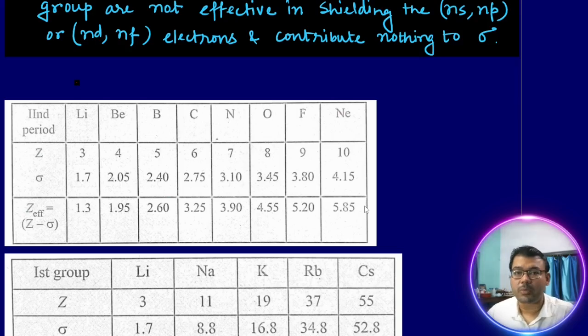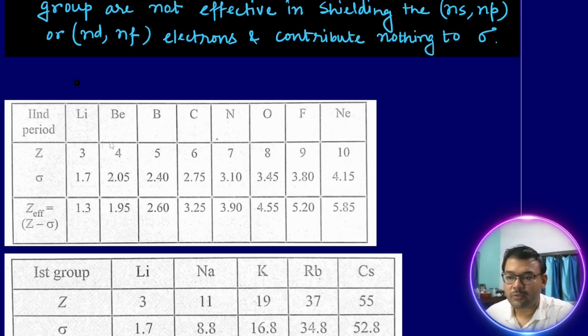So these changes happen while moving from left to right: ionization energy, electronegativity, electron affinity, and oxidizing properties all increase. This is the trend from metal to non-metal.